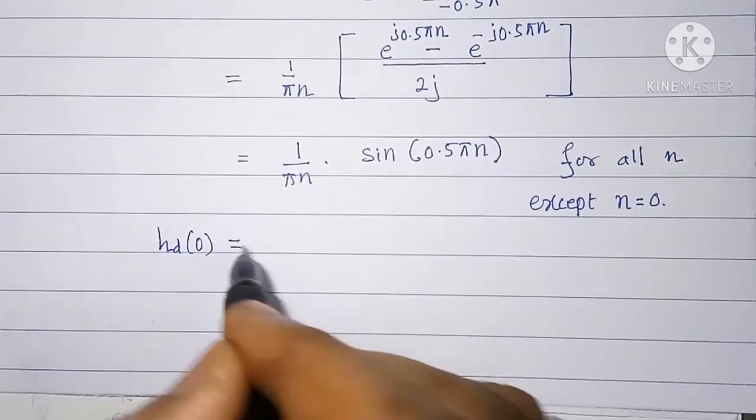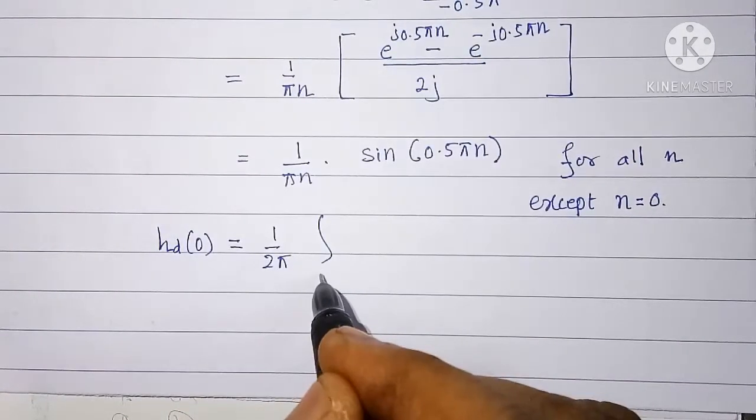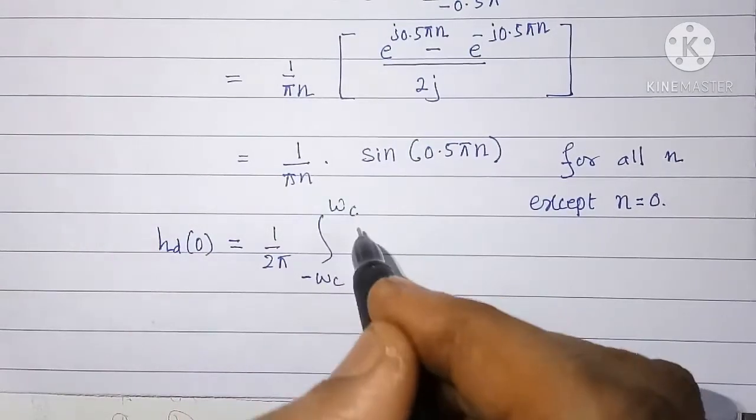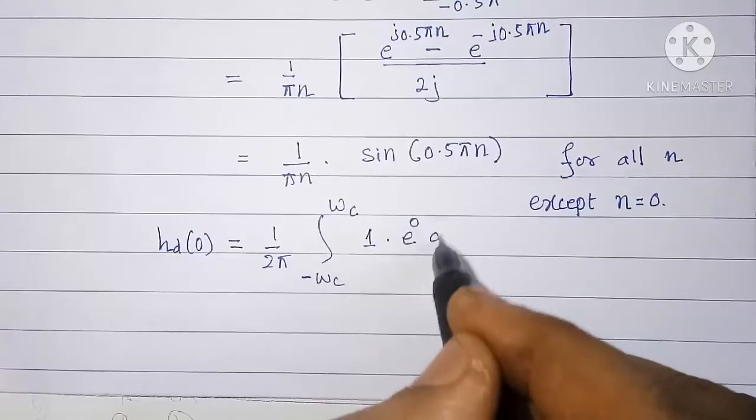HD of 0 equal to 1 by 2 pi from minus omega c to plus omega c 1 into e raised to 0 d omega.